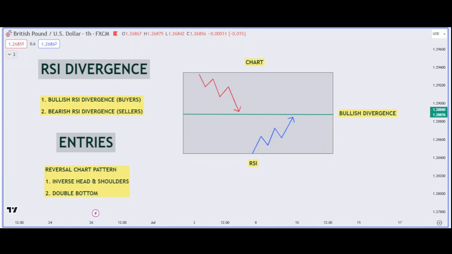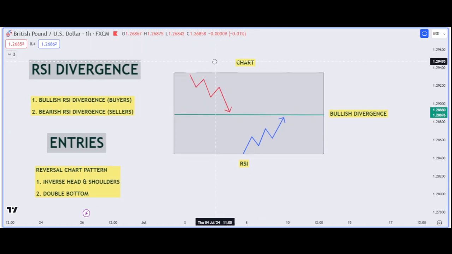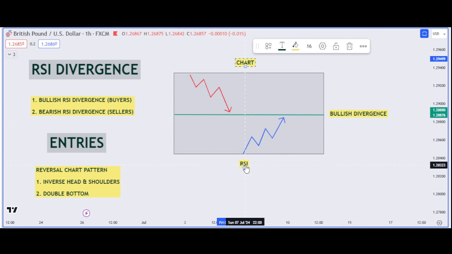And you have to pay attention to what the price action is doing at the RSI indicator zones, the overbought zone and the oversold zone. Now let us look at this graphical representation. You will see the upper layer is called the chart, the lower layer is called RSI.